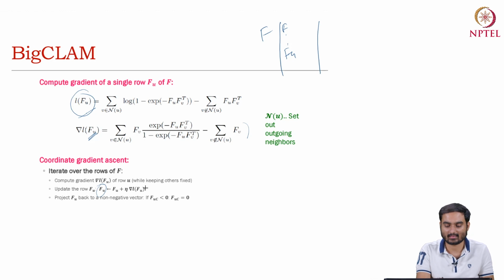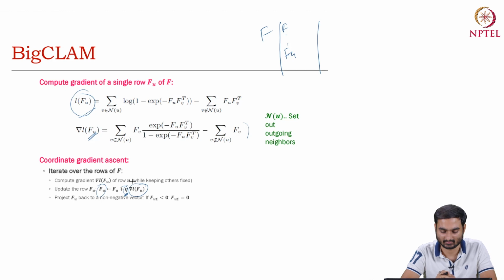So Fu would be Fu plus the gradient, and this is the quantity based on which you basically jump up, right. You are doing gradient ascent, so you want to jump up, and this is the quantity of your jump, right.